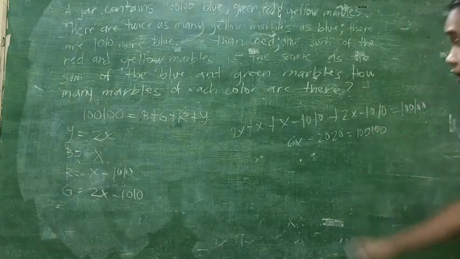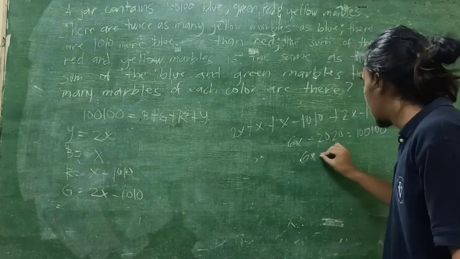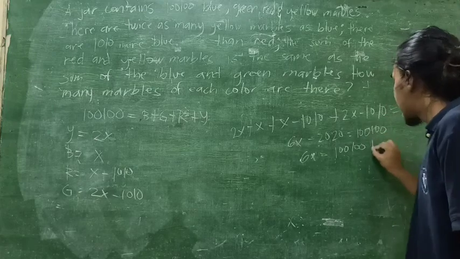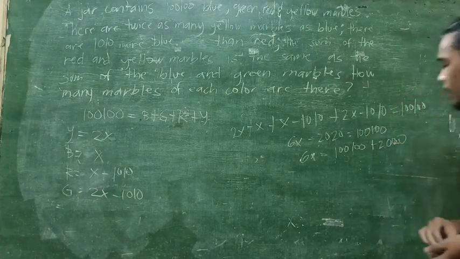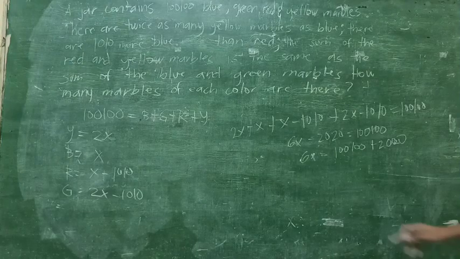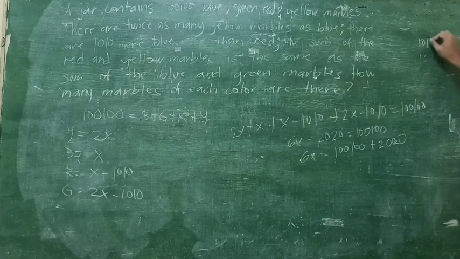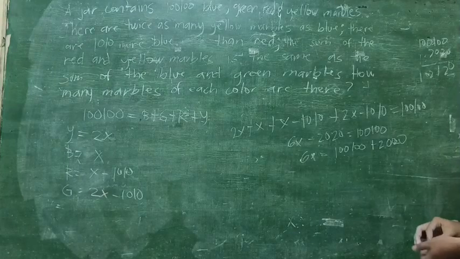So 6x minus 2,020 is equal to 100,100. Then transpose 2,020 to the other side. 6x is equal to 100,100 plus 2,020. Okay. So 100,100 plus 2,020 is equal to 102,120.